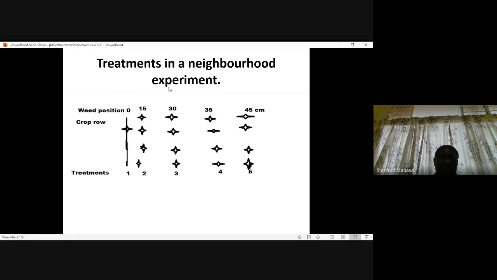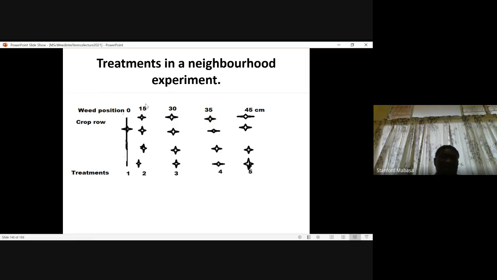Here I have a diagram which may explain what I'm trying to say. This is the crop row. We can have some weeds within this row, which could be another treatment.